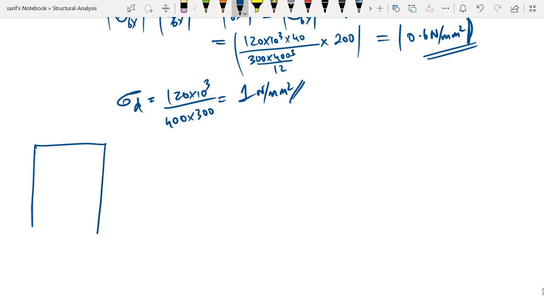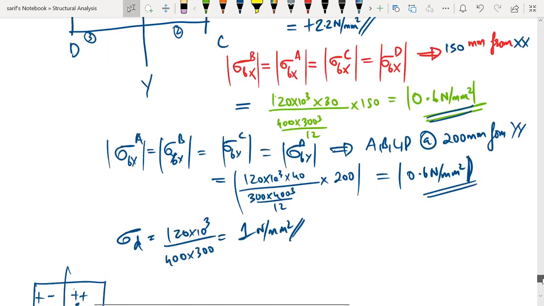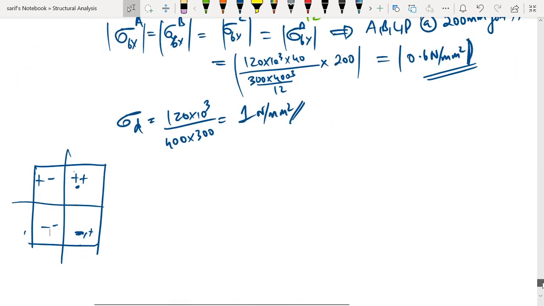If we look, this is our quadrant system, and we had the load here, so here we have plus plus, and here we had plus minus, and here we had minus and plus, and here we had minus minus. So this was the signs of the stresses.